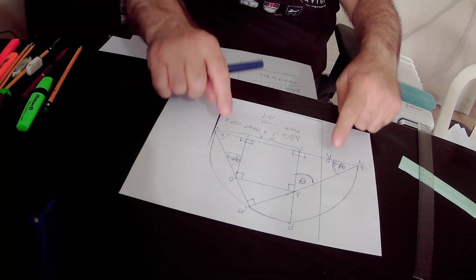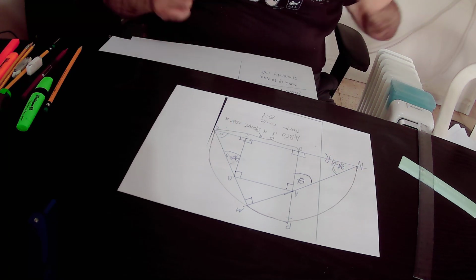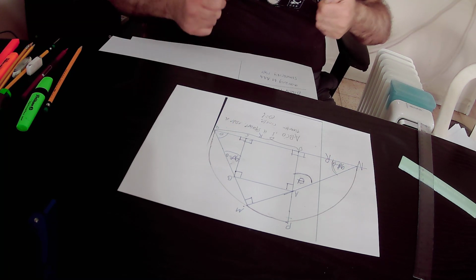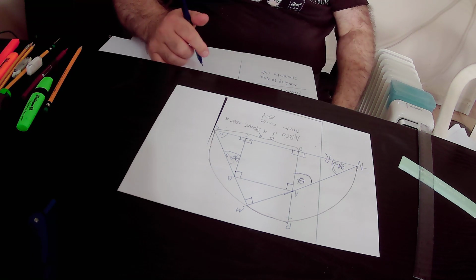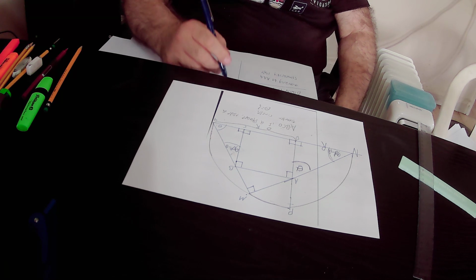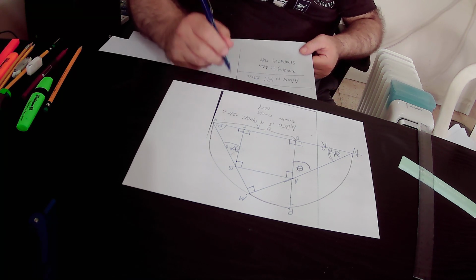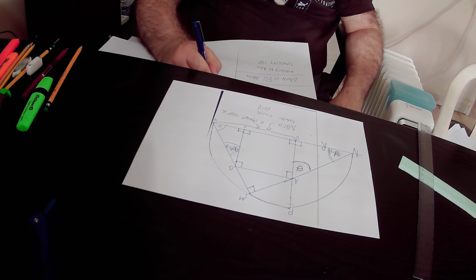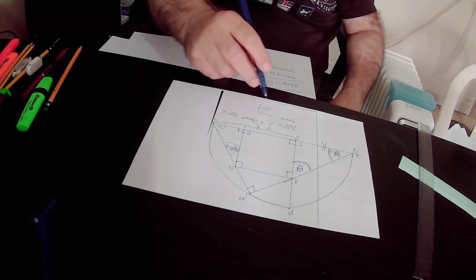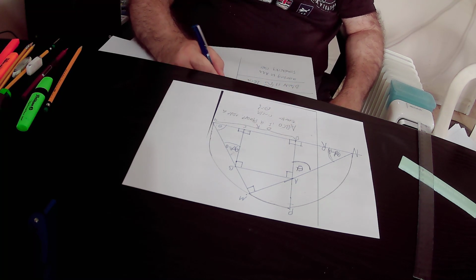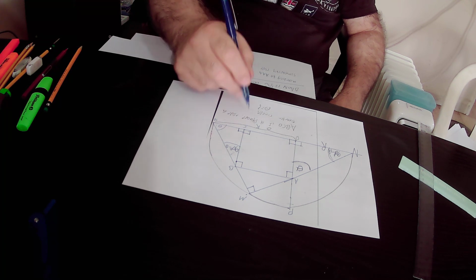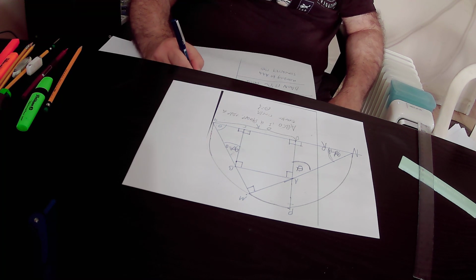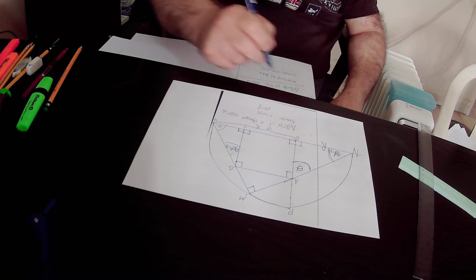And from that fact, we will conclude that the following relationship exists between their sides: CQ over AO is equal to BC over NO.